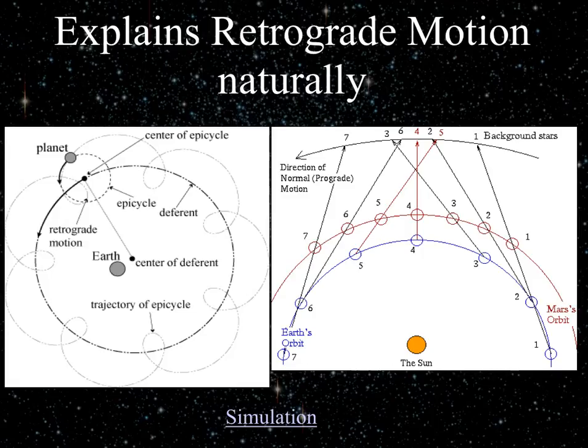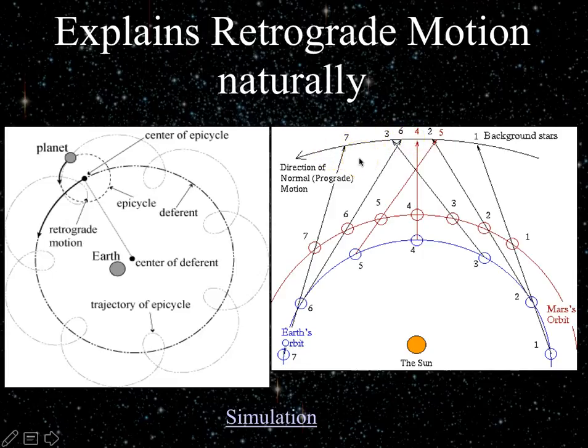so the idea of the natural way is described here, and basically as one object passes another, then against the fixed stars, and again they are very, very far away, and this is an example of Mars's orbit relative to the Earth, that you see over here that Earth moves from 1 to 2, and then as Mars goes from 1 to 2, you see a movement in the background like this, but then as you close in on it, then you go from 3 and then back to 4 and then to 5, and then you start moving again in the same direction.